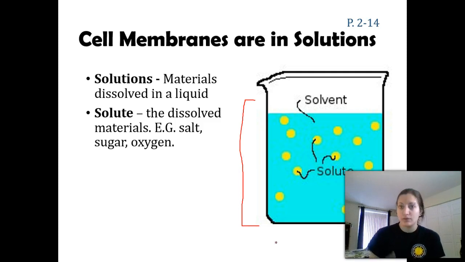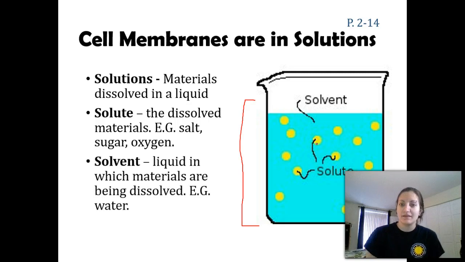Whereas a solute are these little yellow balls in here. This is what is being dissolved. If you think about salt water, the salt is what's being dissolved. Whereas the solvent is what things are being dissolved into, and typically it's water. All of the examples that we're going to use in this class use water. Most of the examples in life itself use water, so that's why we're going to stick to that.